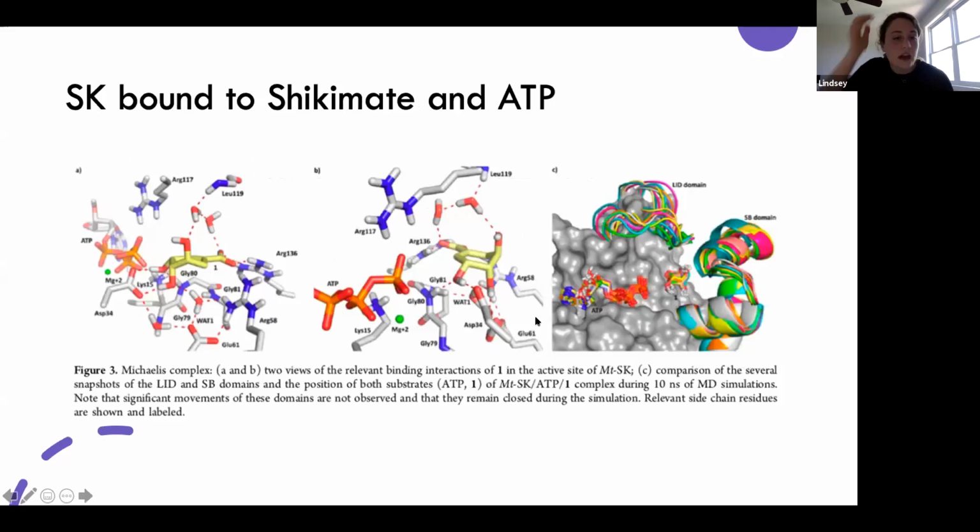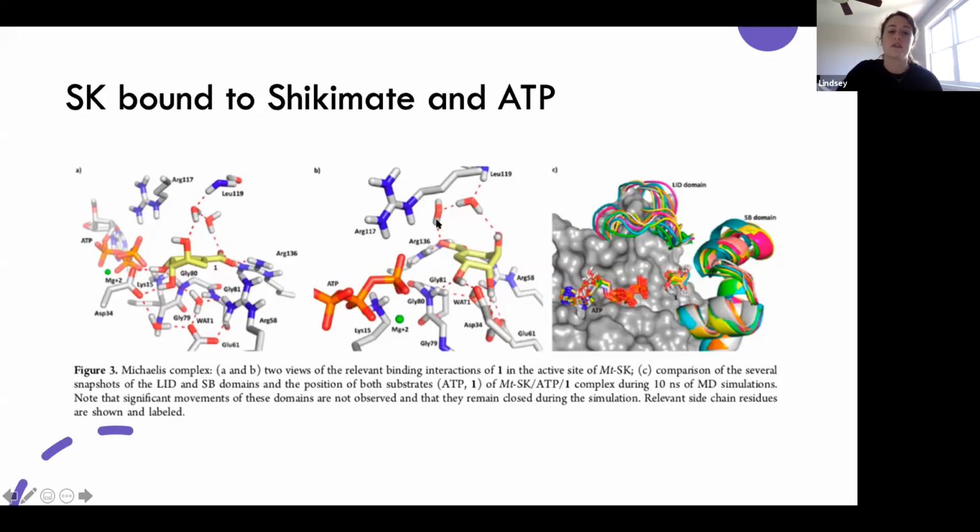So here is just a diagram of shikimate kinase bound to shikimate and ATP. Some of the key interactions you can see are between this water molecule right here, water 1, and this forms a bridge between these right here.